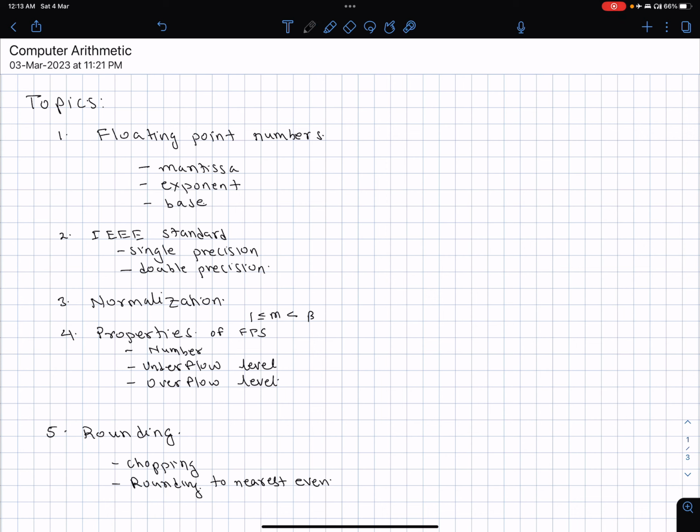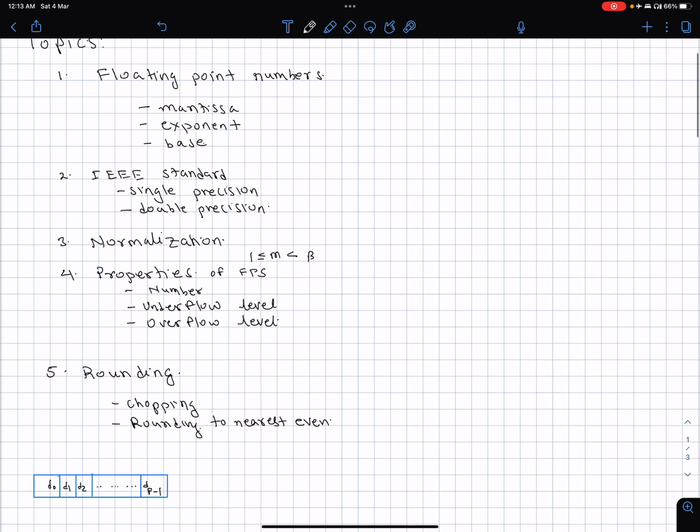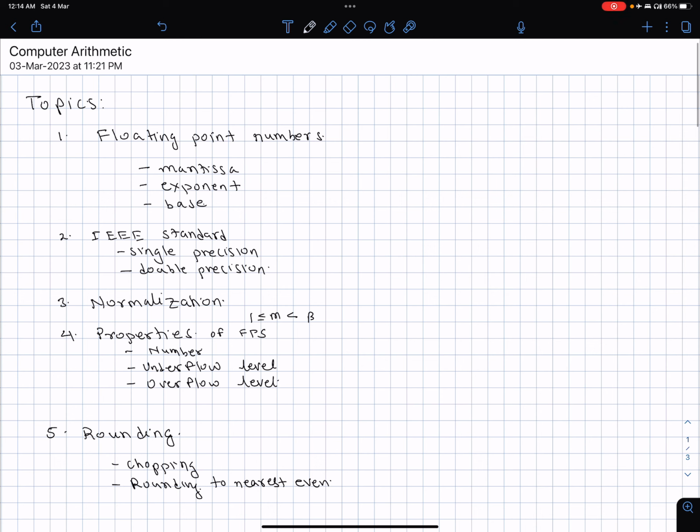Our idea is that when we talk of floating point numbers, we basically want to represent real numbers in a machine or computer.